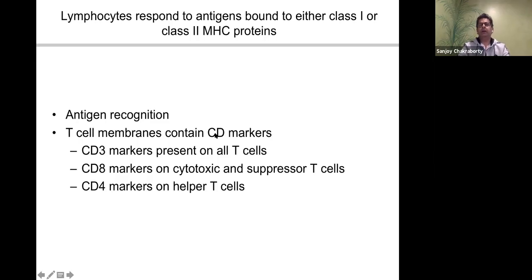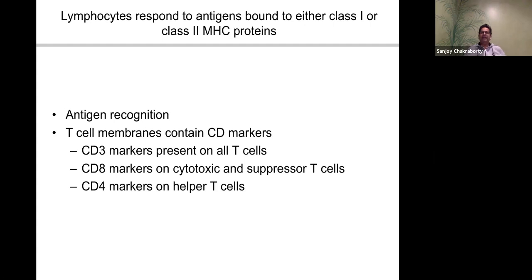We call them CD markers. CD is short for cluster of differentiation molecules. We name them like 3, 4, 5, 6, and so on. There are many CD markers to discover, but you just have to remember 2 CD markers, CD8 and CD4.